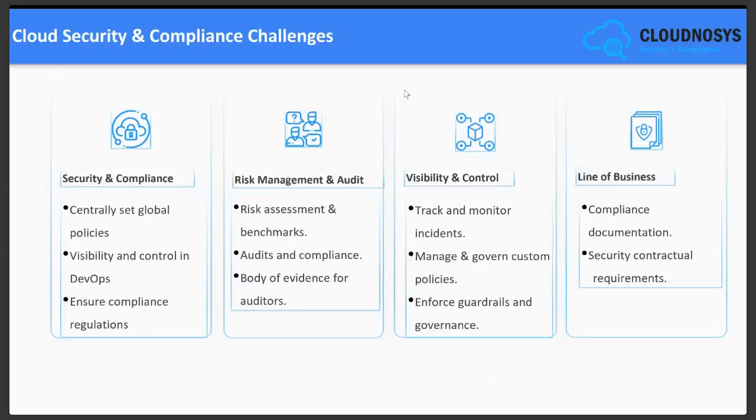And that's why you're here today, to learn a little bit about CIS and all these other areas that we can also address, everything from risk management and audit, in terms of understanding and enforcing security rules or guardrails to govern the entire cloud.